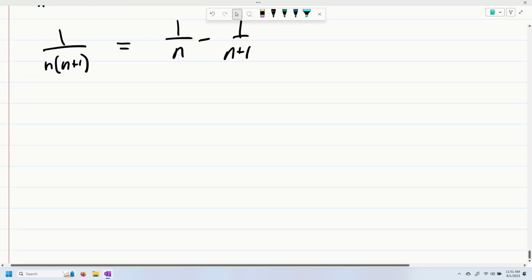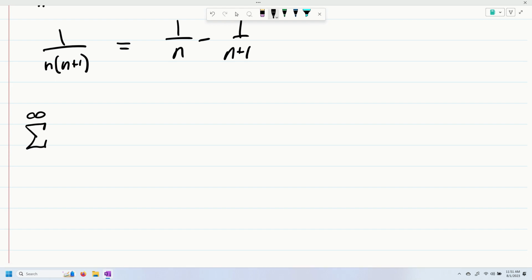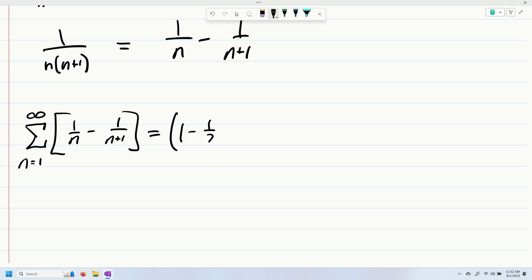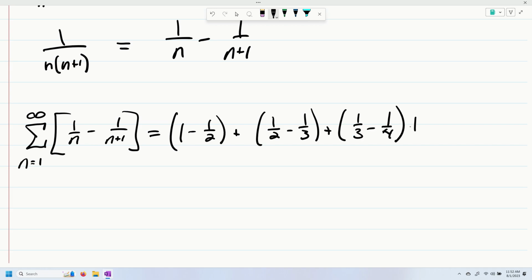Therefore, I can rewrite my series as such. Now, if I write out some of these partial sums, I end up getting this, and it just keeps on going.